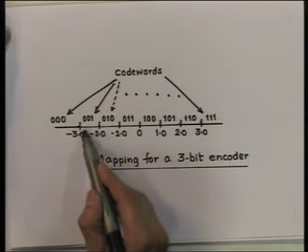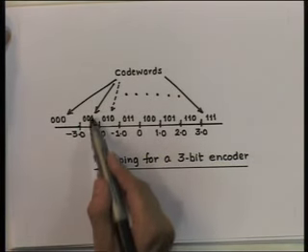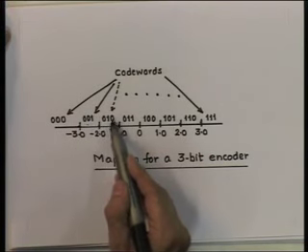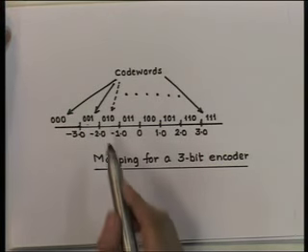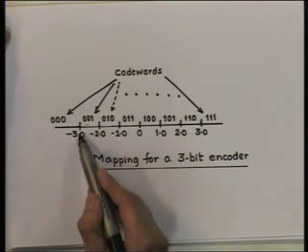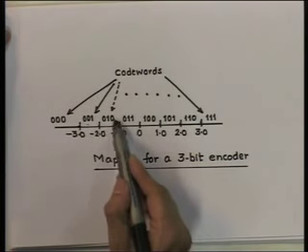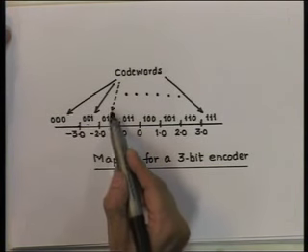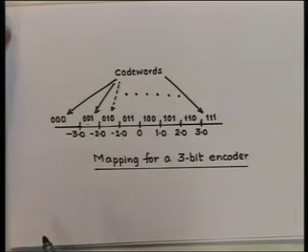Each interval is represented by a distinct code word. The encoder represents all the source outputs that fall into a particular interval by the code word representing that interval.